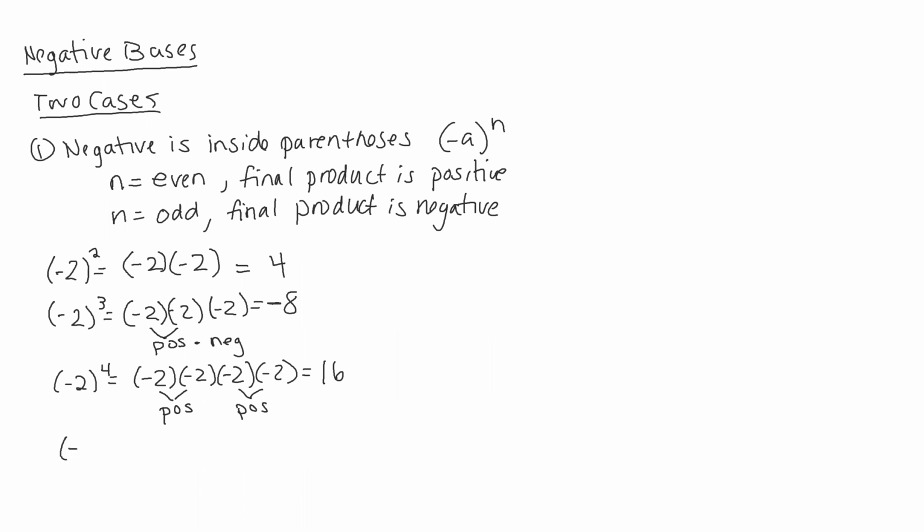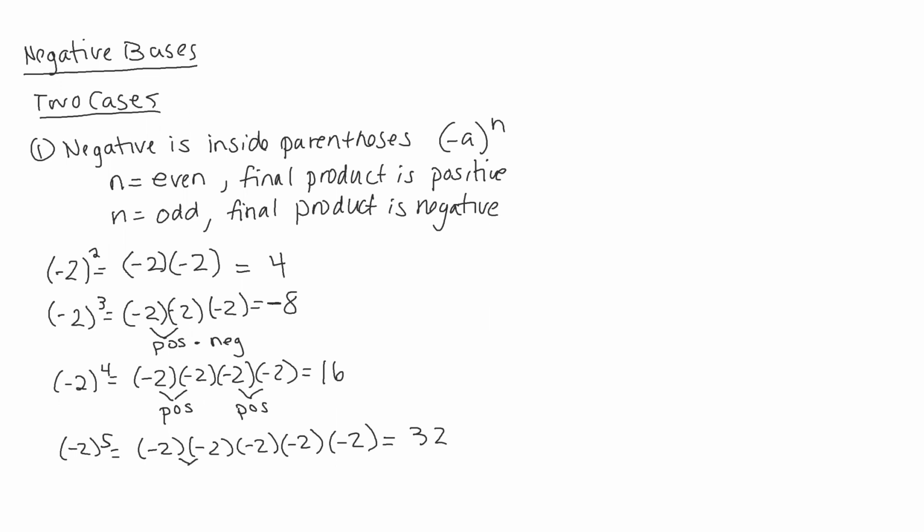Let's look at one last example. So -2 to the 5th. The parentheses mean the negative and the 2 are bound together, so everything gets multiplied out. And in this case, 2 times 2 is 4. 4 times 2 is 8. 8 times 2 is 16. 16 times 2 is 32, but are we dealing with a positive or a negative?